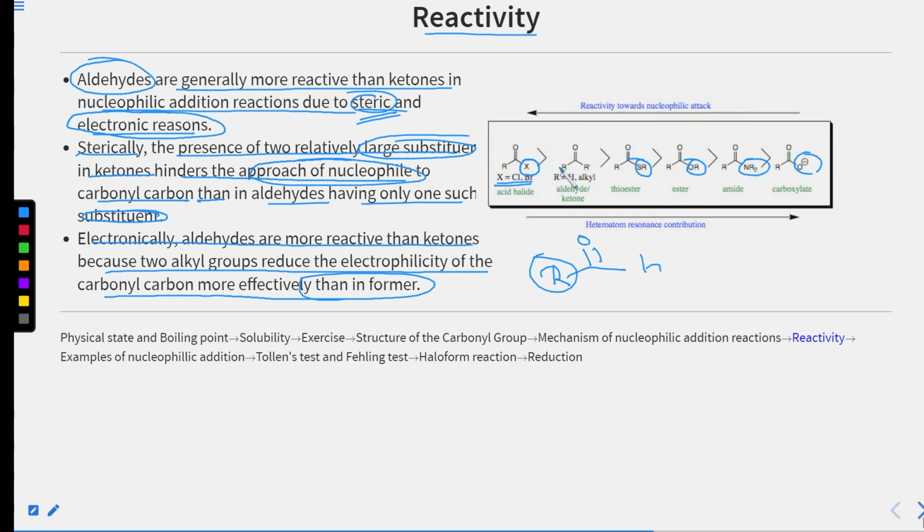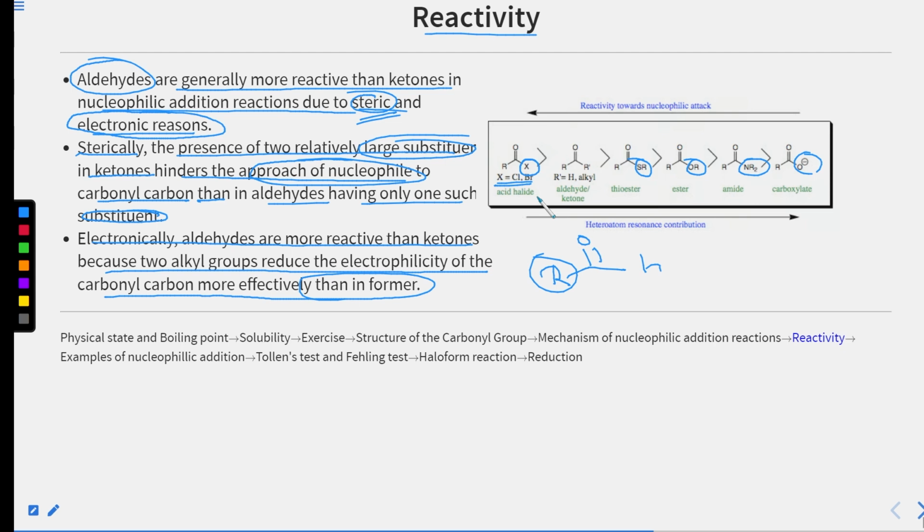If you are well aware of how resonance works, then there would be no such problem. Now think about chlorine or bromine, the halogens. They have high electronegativity. You would say, sir, they have a lone pair, they must have donated to this carbon atom, and it would have decreased the dipole moment and hence decreased the reactivity. But why is it so?